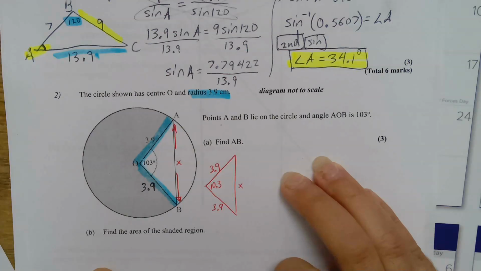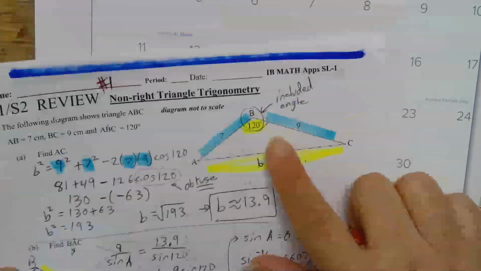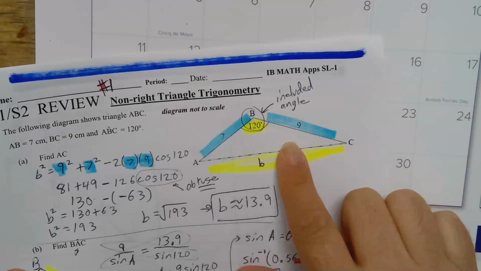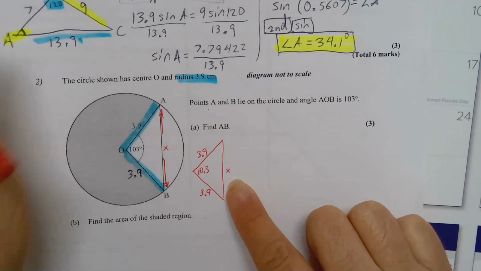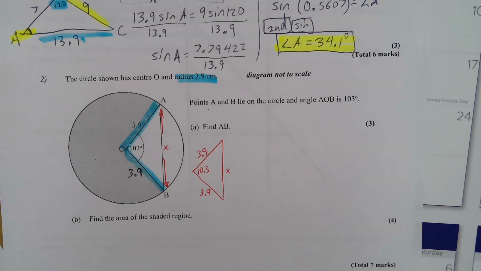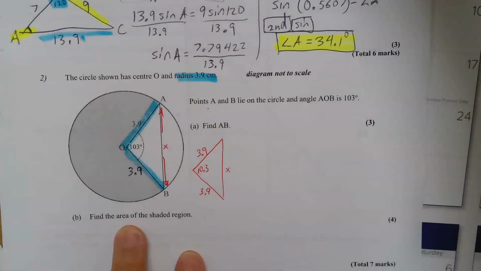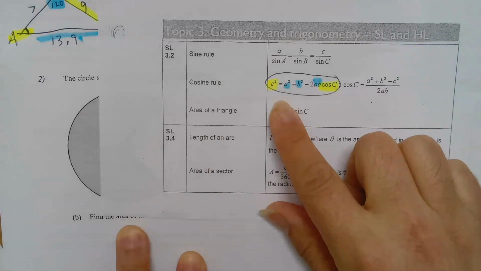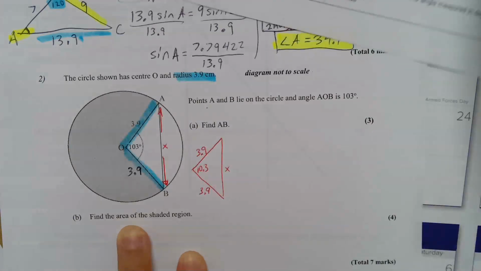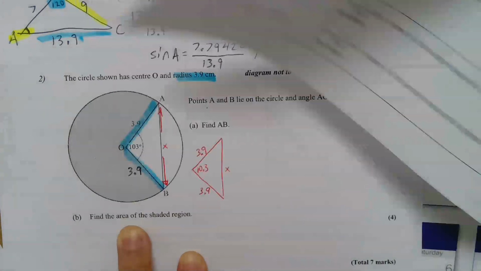And this is just like the previous problem where we've got the included angle and two sides on the other side, and we're trying to find the far side. So it's exactly the same thing. So we're going to use this formula here. And it's nice that this is, oh, I guess it is labeled ABC.